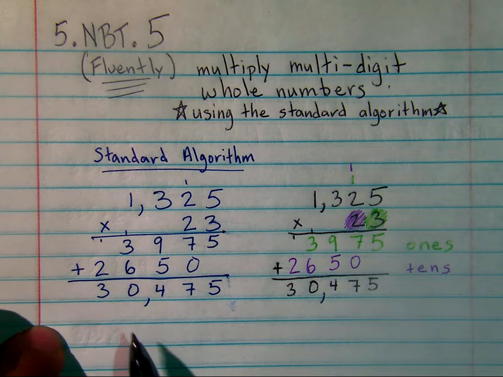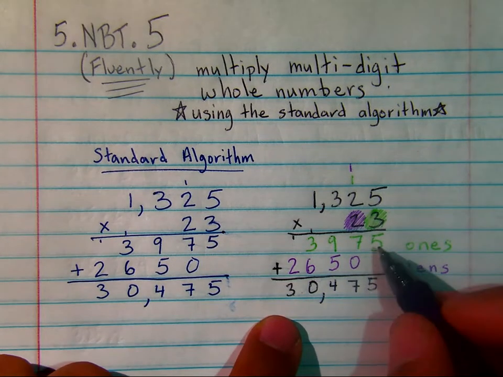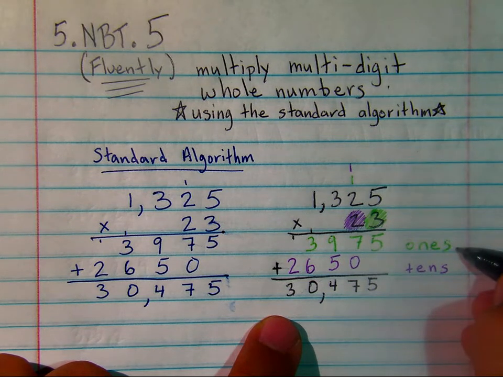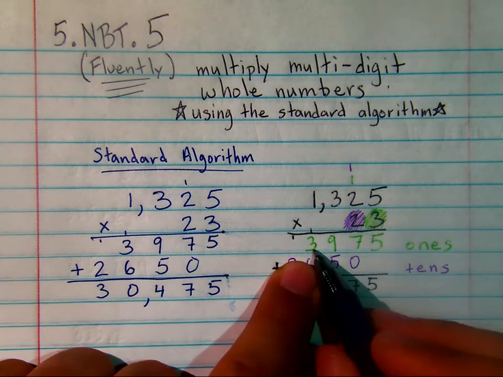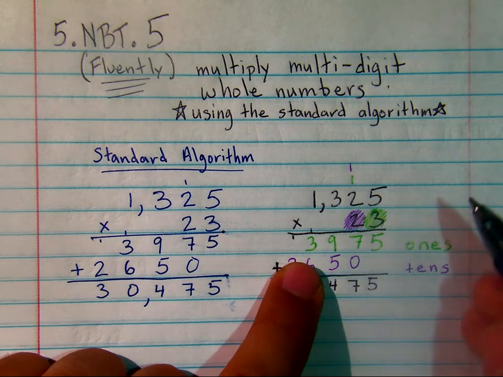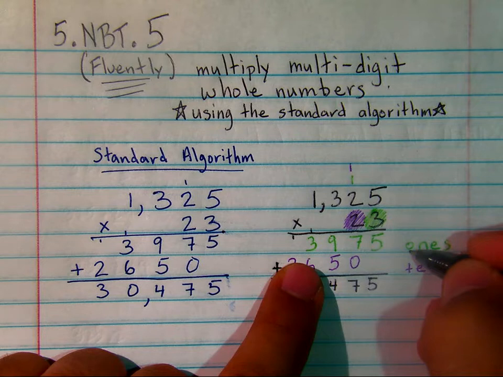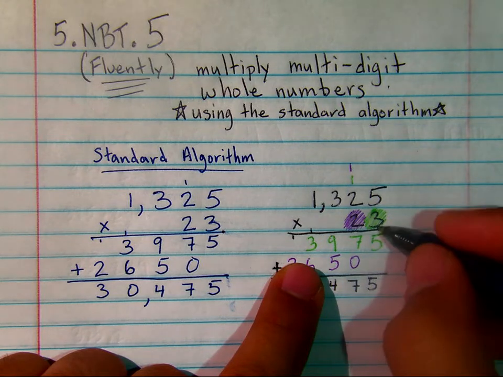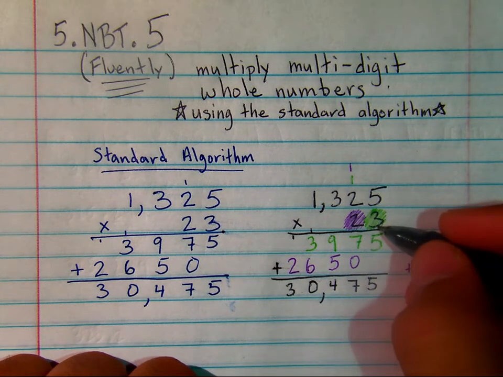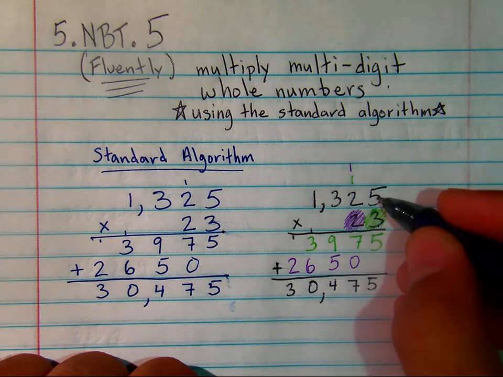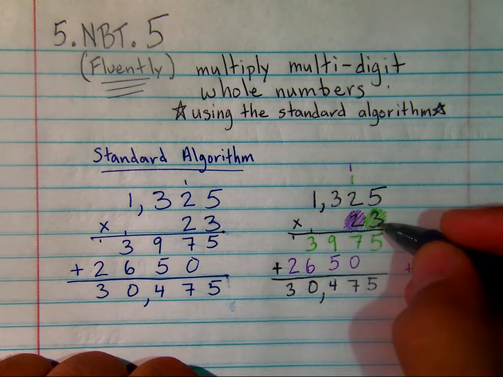But just to be sure, I'll quickly describe the idea here is that all of these numbers that we're multiplying, the ones place first. We're taking all of the ones, the 3 ones, and we're multiplying each of these place values, the ones, the tens, the hundreds, the thousands, times these 3 ones.